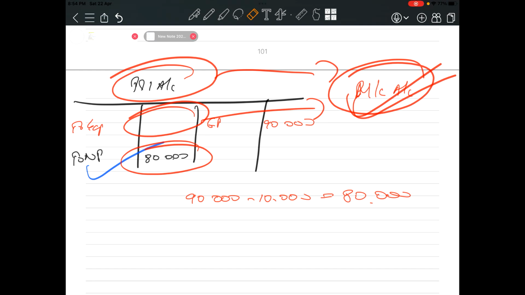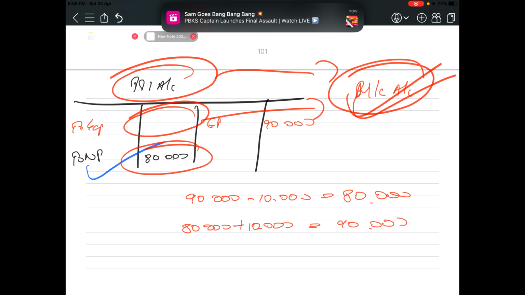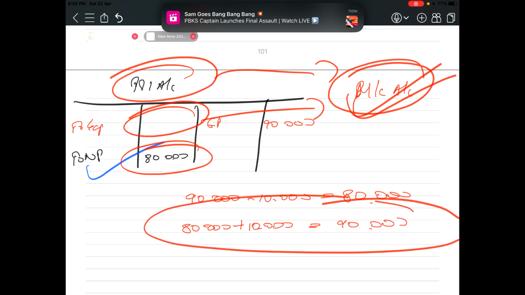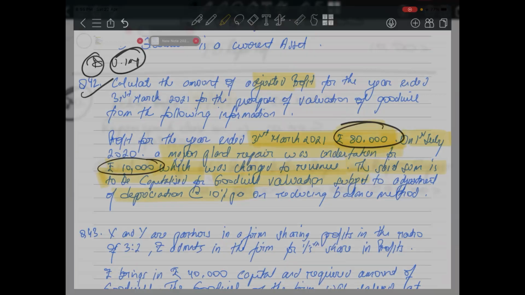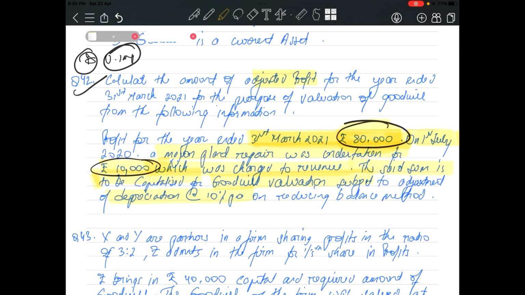The profit is 80,000, I add this repair amount of 10,000 back, and I get my adjusted profit of 90,000. So we have found the adjusted profit before depreciation and repair expenses. Now the question has said clearly that these expenses will be capitalized subject to depreciation of 10%.